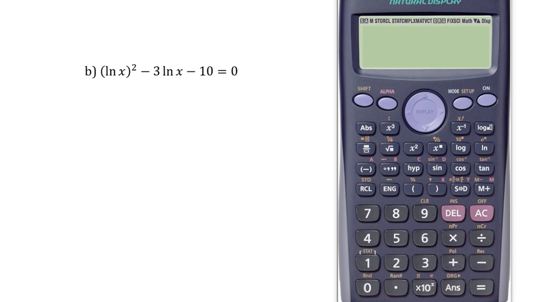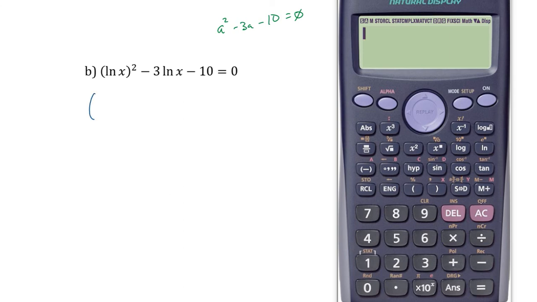What about this one? How would we do this one? Well, this one's not factored yet. It's already equal to 0, but it's not in factored form though. So this is like a squared minus 3a minus 10 equals 0. And that is something I can factor. You can factor it on separate paper, or just think about it in your mind. Two numbers that multiply to 10 and have a difference of 3. So those are going to be 5 and 2.